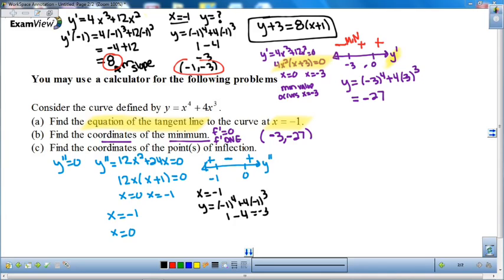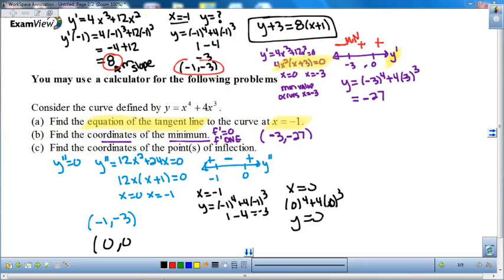So let me erase this. One coordinate is going to be negative 1, negative 3. And the other one, when x is equal to 0, is going to be 0. So my second point of inflection is going to occur at 0, 0.